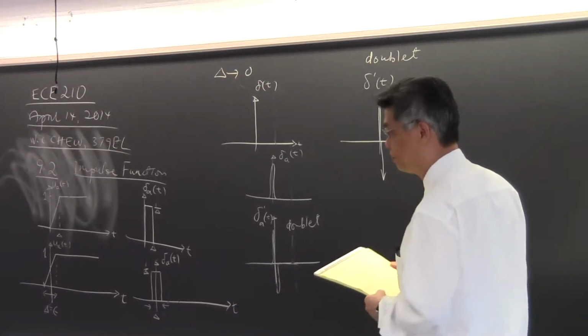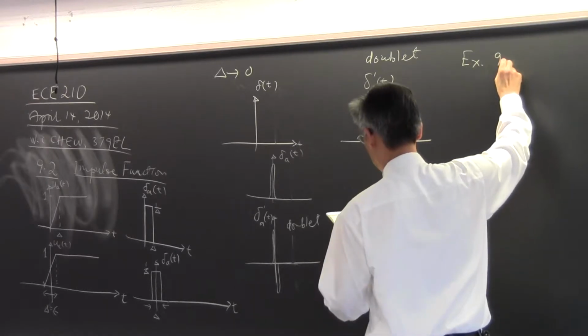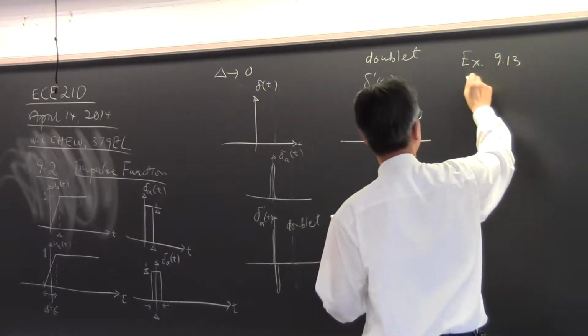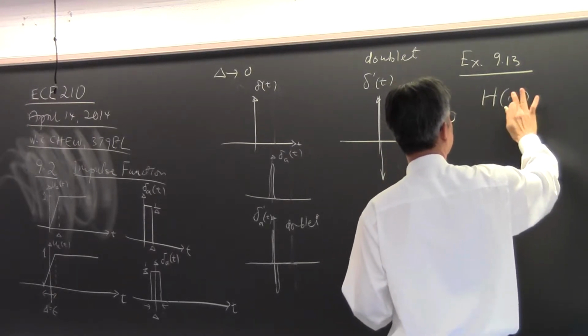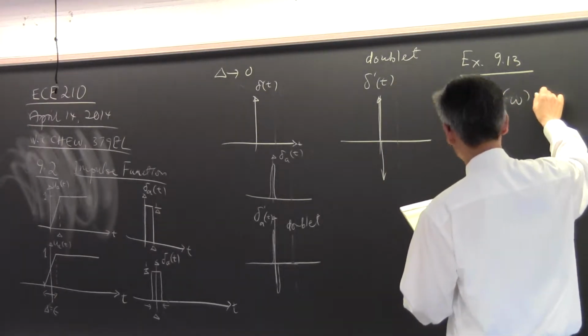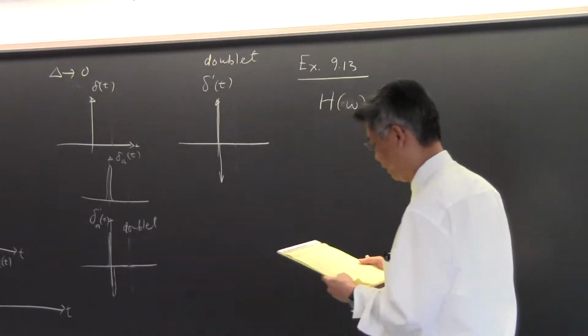Okay? So let's do one example from section 9.2, which is example 9.13. That you have the transfer function, which is called a frequency response in the textbook, 1 over 1 plus j omega. Okay?